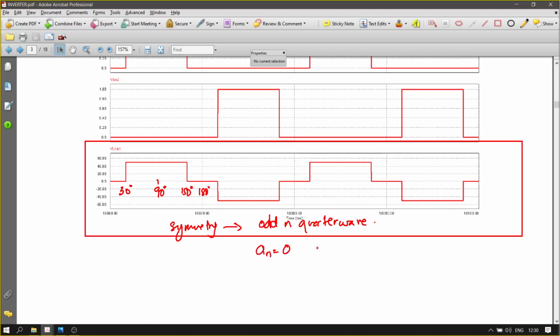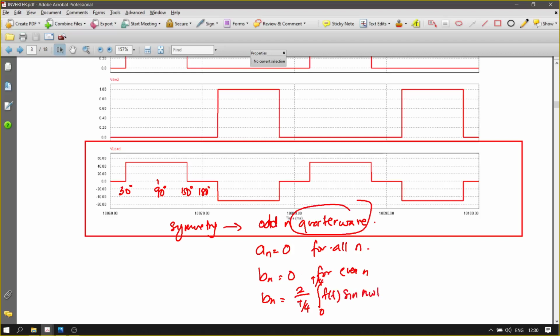An is 0 for all n. Then you can find Bn equals 0 for even n. Again, I always remember the general equation, T over 4. Why T over 4? Because it's odd and quarter wave. Then you have f of t sine n omega t dt.